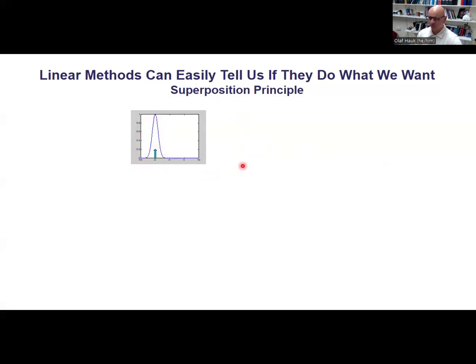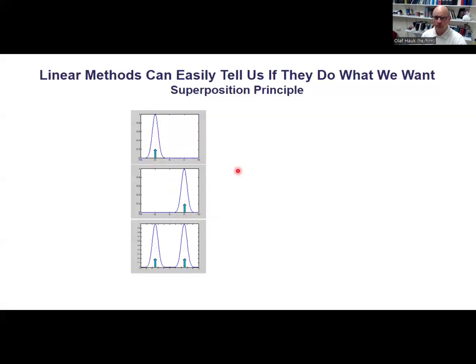And you know that for another dipole in another location, you get this type of blurry source estimate. Then for linear methods, the superposition principle holds. That means if these two sources were active simultaneously, you would simply get the sum of these two point spread functions. So you would get that.